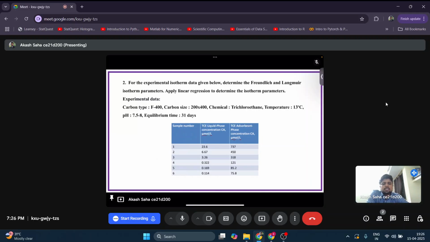So the liquid concentration is nothing but the concentration in the solution, that is the Ca. Okay, and the adsorbent phase concentration is nothing but the Qa. Okay, so these terms we have seen in various problems in the previous sessions. So I'll just tell you how to solve the problem.